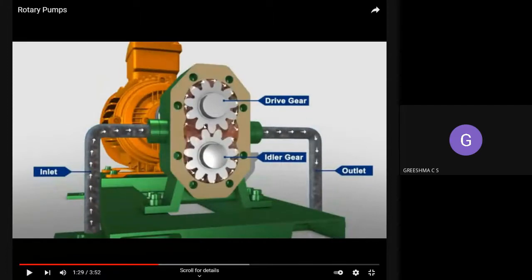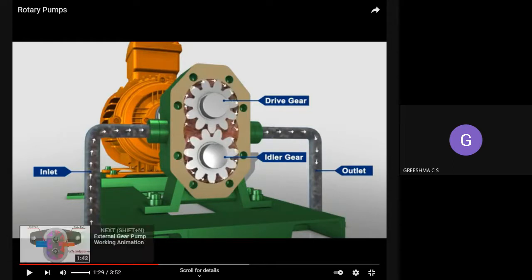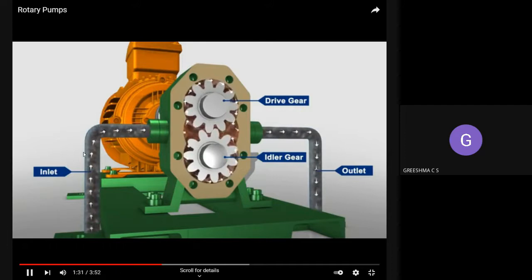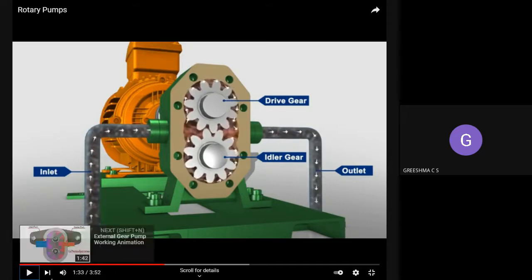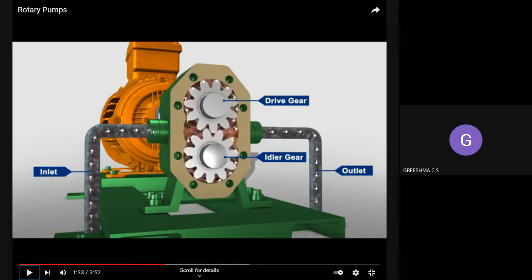See, this is the front view of the working of the rotary pump. These are the gears which are rotating in the opposite direction. By this the water will be entering, and it will be trapped inside the teeth of these gears.